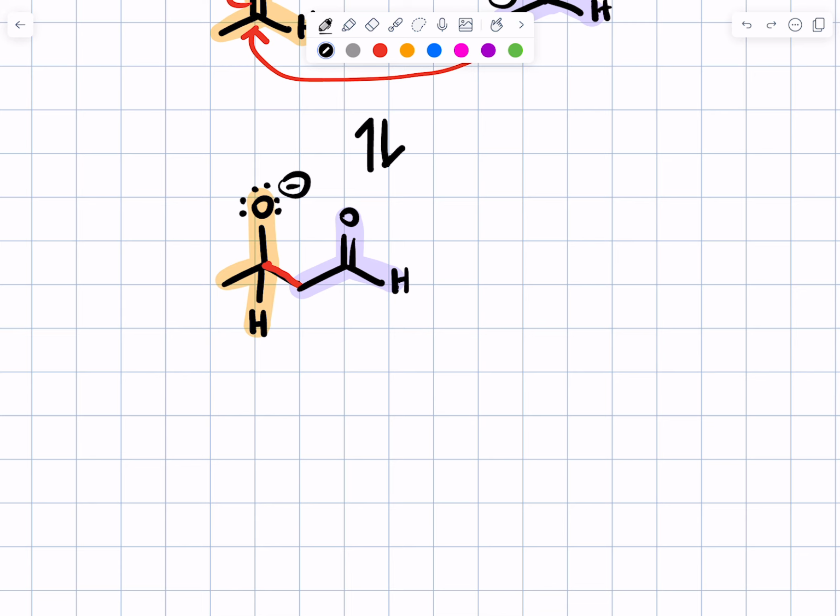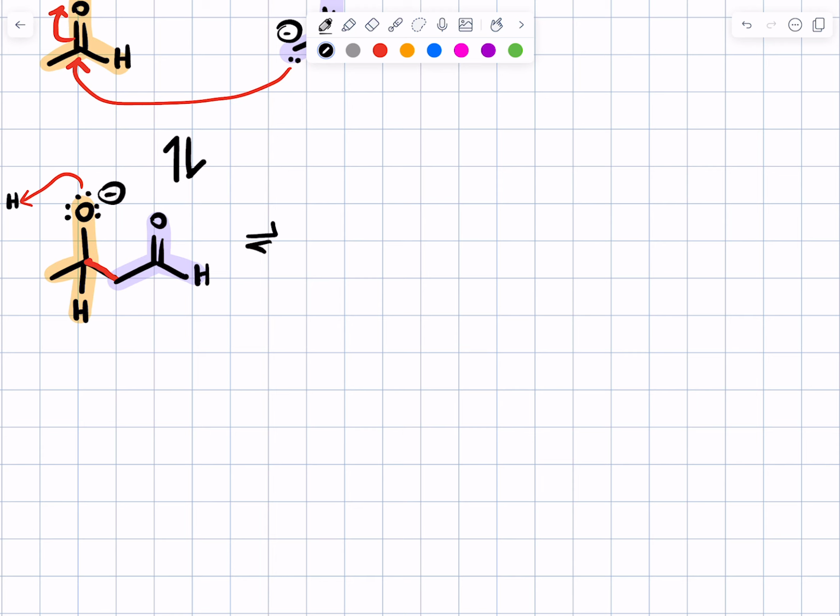Well, aside from going backwards and kicking off the enolate, there are no other leaving groups attached to our orange, what used to be carbonyl carbon. So the only other thing that can happen, and we're under basic aqueous conditions, is for the negatively charged oxygen to pick up a proton from water. Why don't I have it pick up a proton from hydronium? Because there's not very much hydronium in aqueous basic conditions. That's another way of saying the pH is really high.